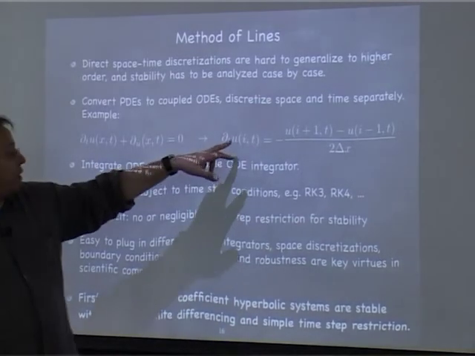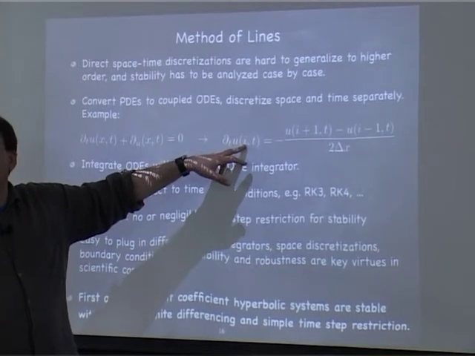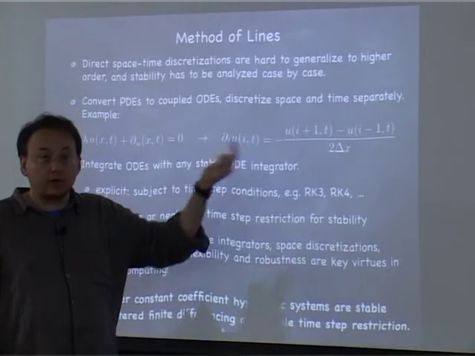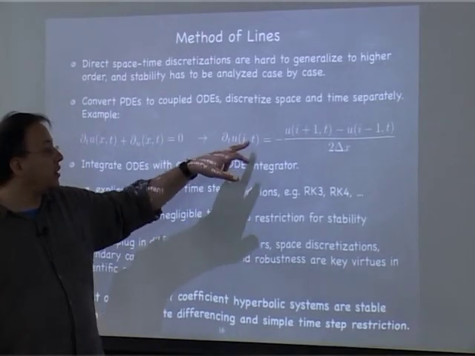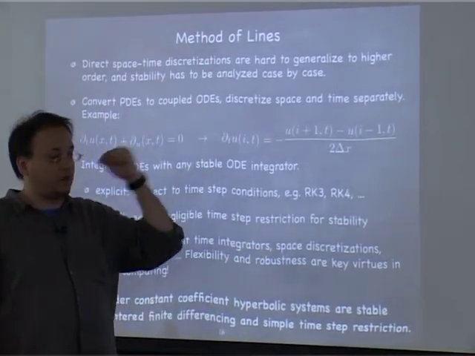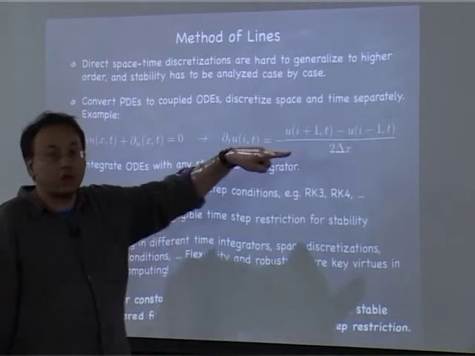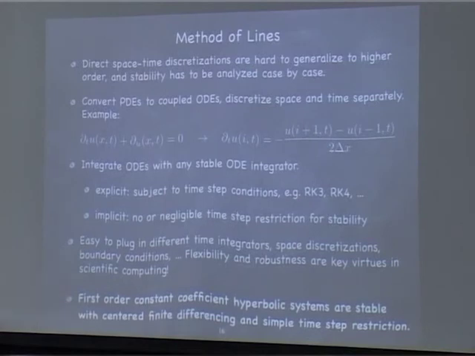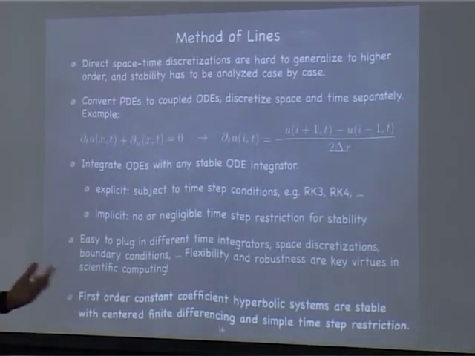For each grid point, we have an ordinary differential equation. So n grid points, n ODEs, and they're all coupled because this ODE is coupled to the value one to the left and the one to the right. So using this method, we have suddenly converted a partial differential equation to a set of coupled ODEs.